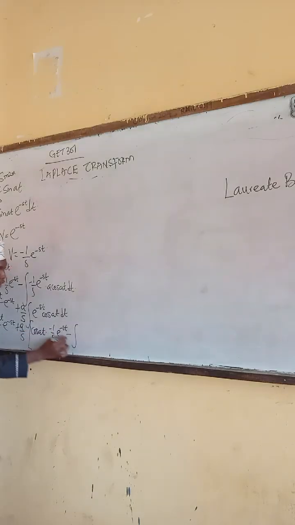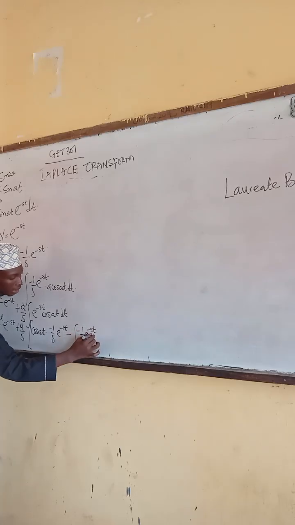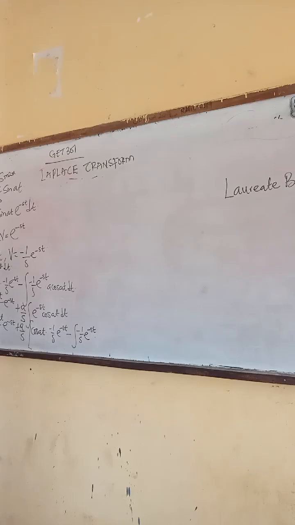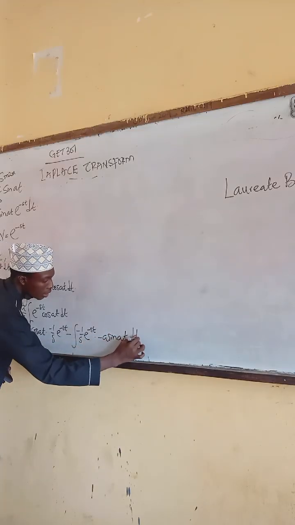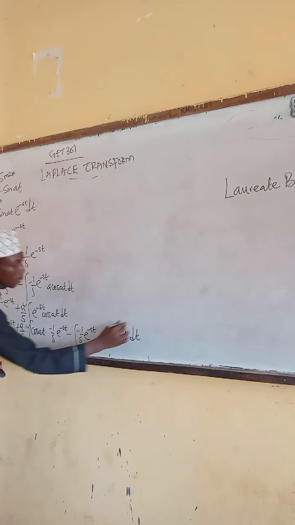Also what is v? Minus 1 over s exponential minus st. And then du. So what is du? Minus a sine at. Minus a sine at dt.